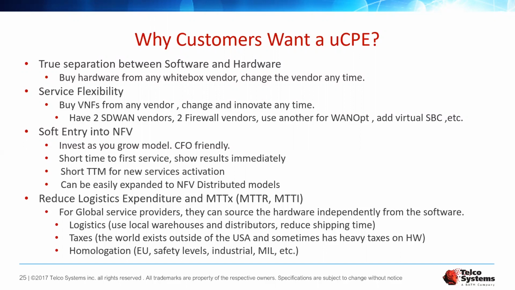Each of them has to do safety tests. Each of them has to make their own plus 50, minus 50 degrees test. But instead of that, you buy one uCPE from one vendor, and the other three vendors are going to give you just software. So everybody is saving a lot in time and money.